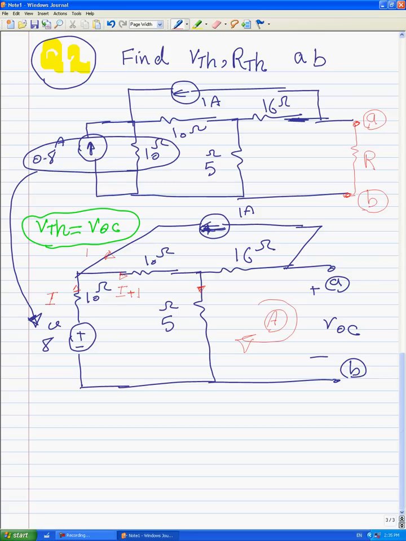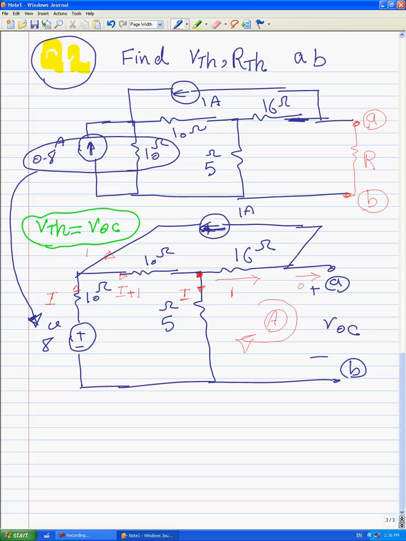An important note happens in this node. Here, current is 1. Why? Because this one contains this current. I plus 1 applied in this node and 1 amp divided. That's why the current here should be I.